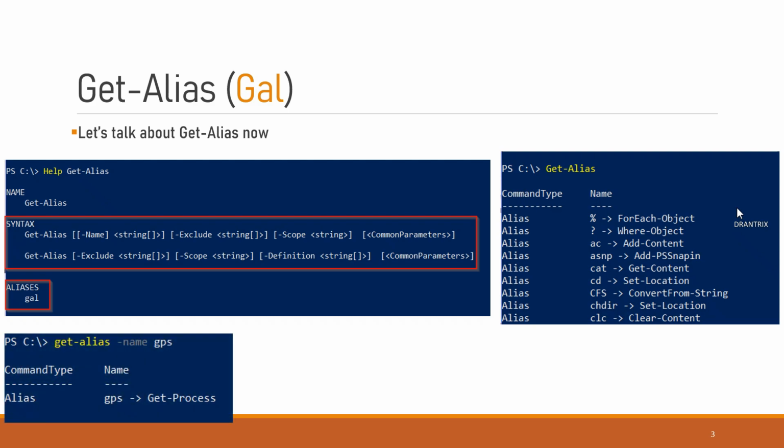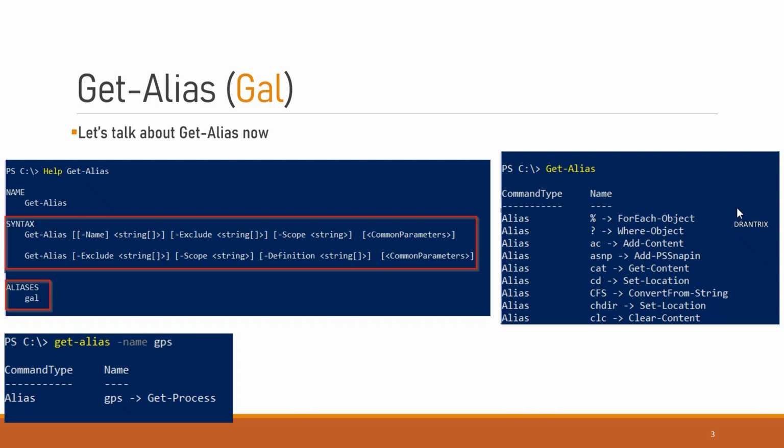Get-Alias, and I'm giving the Name parameter, which is GPS, and the output I got is that GPS is the alias for the commandlet Get-Process. But we are all new and newly learning aliases, so you may not know the existing alias names.